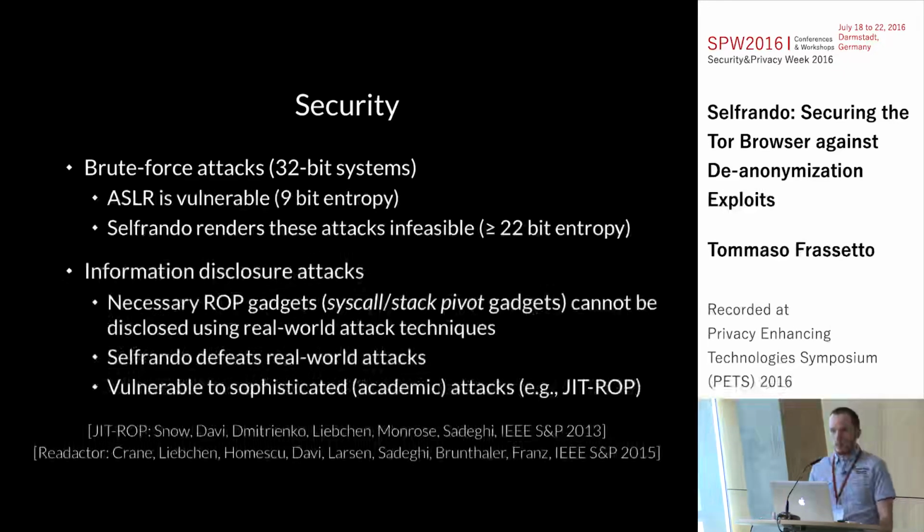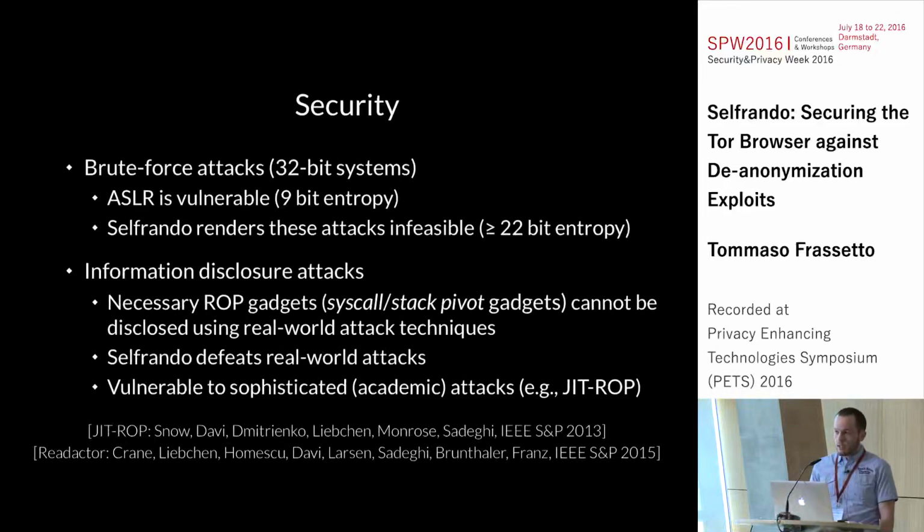Regarding the other attack, we focus on an attack where the attacker wants to disclose the address of particular gadgets in memory. We analyzed a few recent exploits, and we've seen that all of them use these two very vital gadgets, and these are quite rare gadgets as well.